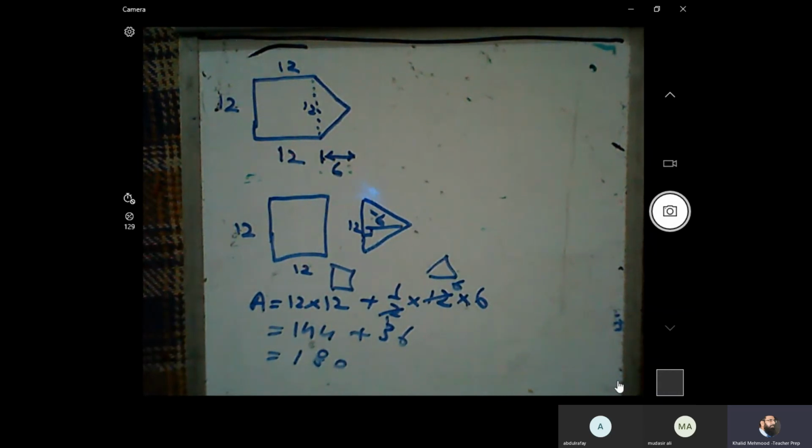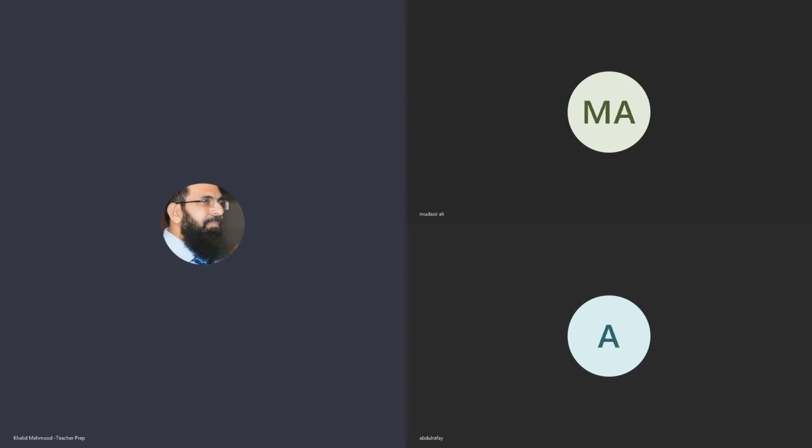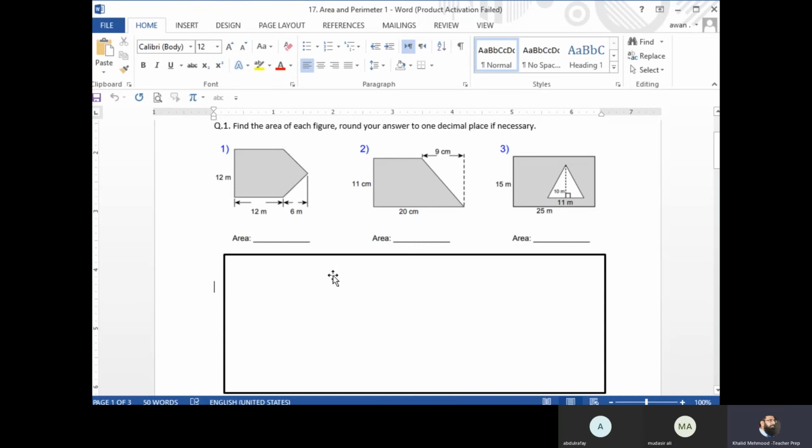Okay, now come to the next shape. In the next shape, you can see that there is again a combination of two shapes. So how will we do this shape then? Can anyone guide me about it?